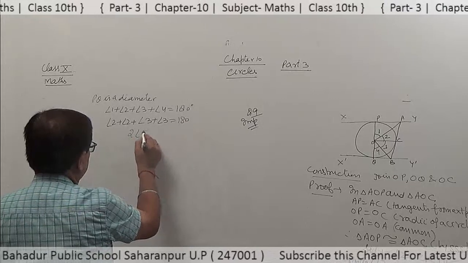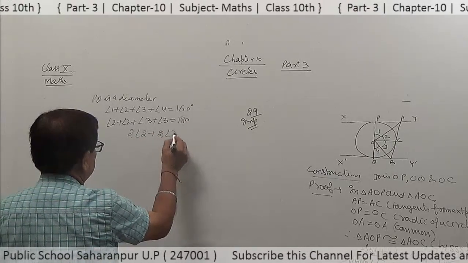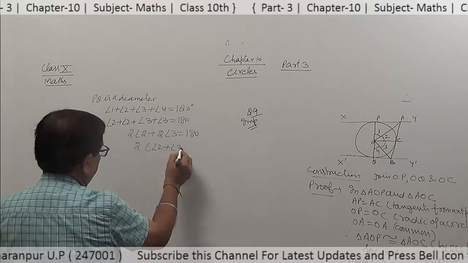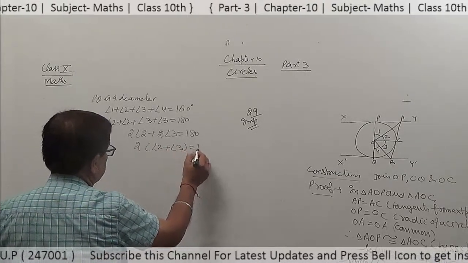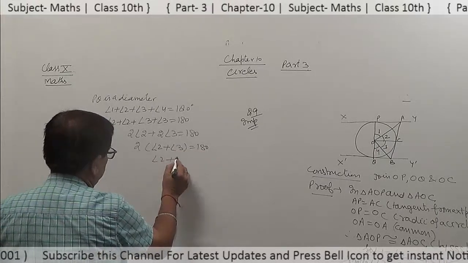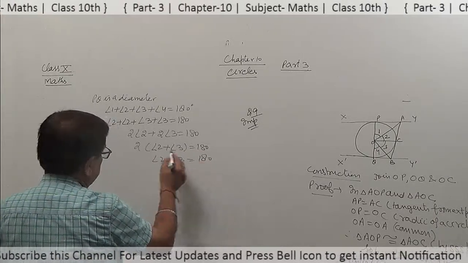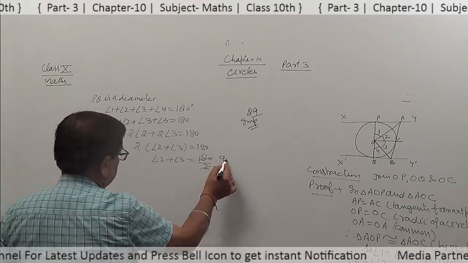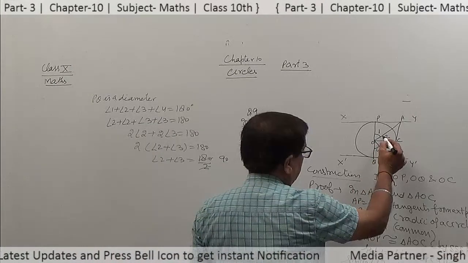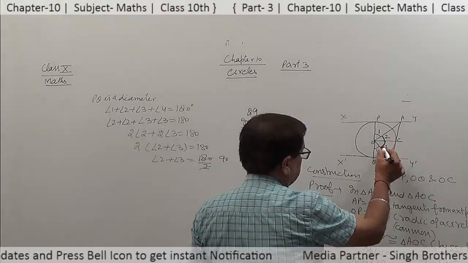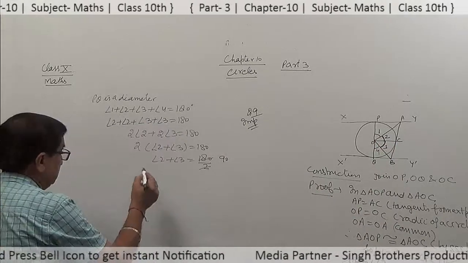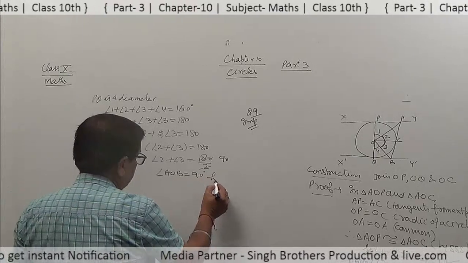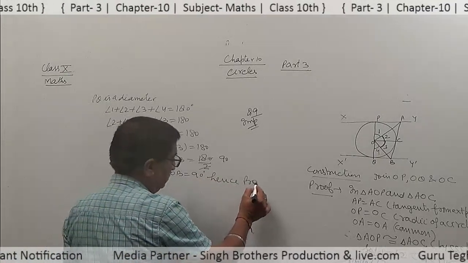Twice angle 2 plus twice angle 3 is equal to 180, 2 common, angle 2 plus angle 3 is equal to 180 upon 2. And angle 2 plus 3 is what? This is angle AOB. Angle AOB is equal to 90 degree. Hence proved.